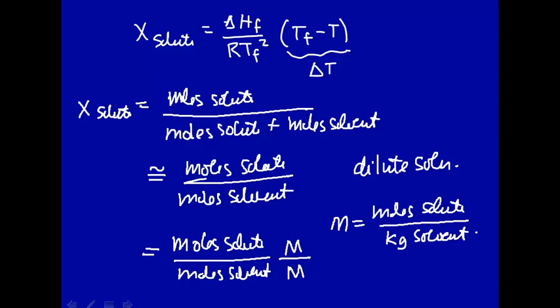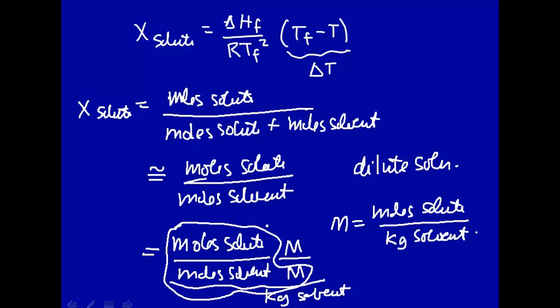So the molar mass of the solvent, expressed, say, in kilograms per mole, times moles of solvent, this term then will be kilograms of solvent. And therefore these terms here will be equal to the molality. Our conversion factor: X of the solute, the mole fraction of the solute, is equal to the molality of the solute times the molar mass of the solvent.